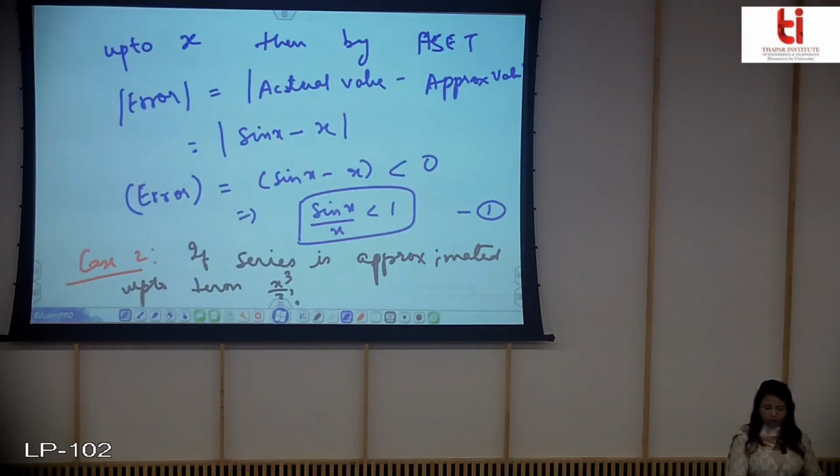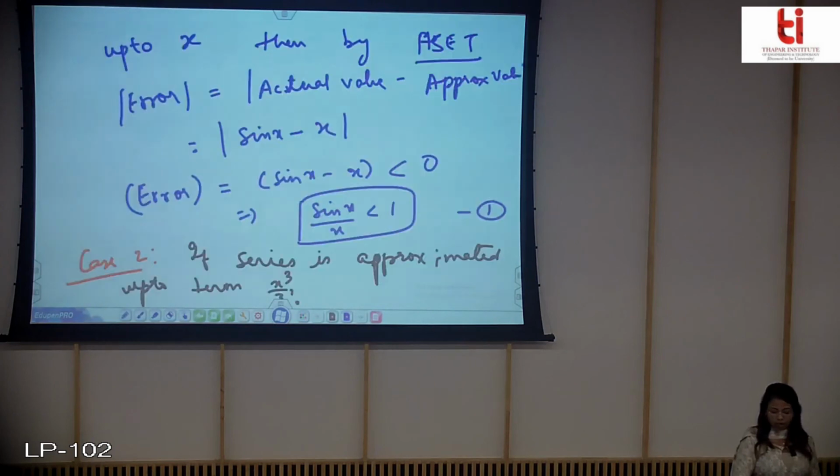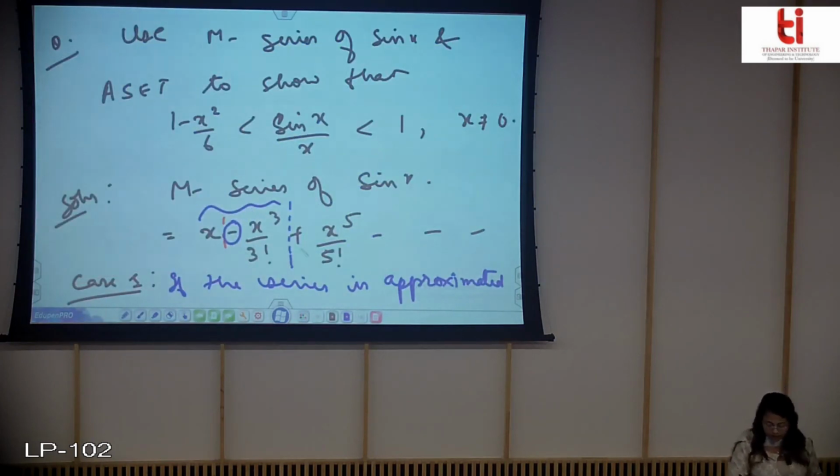Again applying the alternating series estimation theorem, what we get is the error equal to sine of x, that is actual, minus approximated. You know that the error will have the same sign as the first unused term.